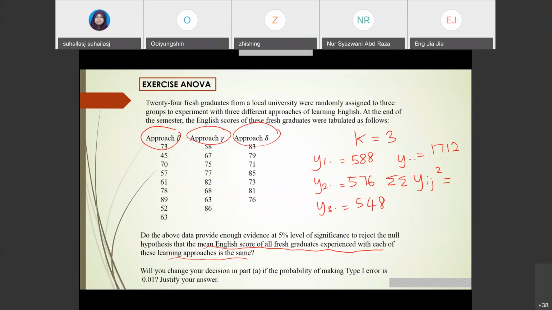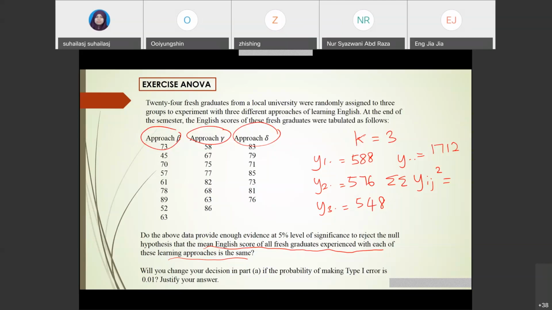That is the fastest way. Once you have entered your data as usual, it depends on the brand of your calculator. For the 570 MS, we have shift sum, which is shift number 1. Shift sum will display summation x square, summation x and also n. There you can get the double summation Yij square.